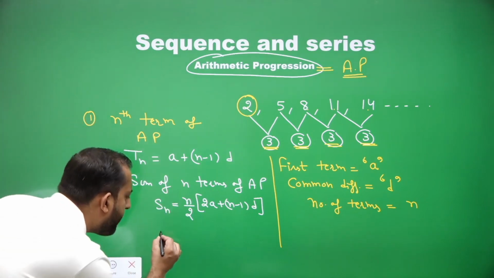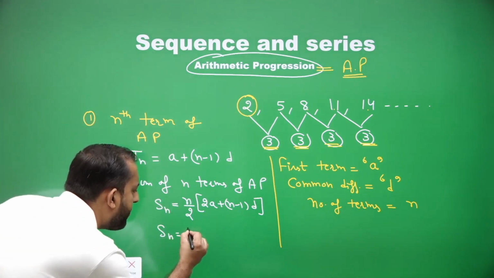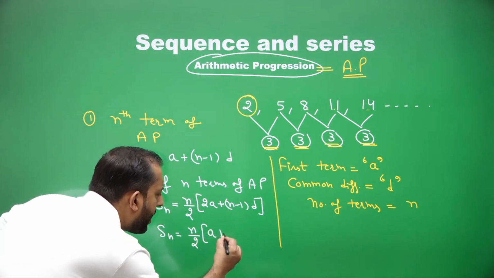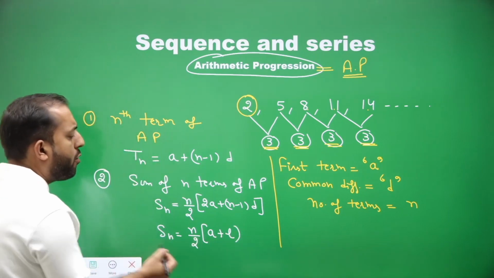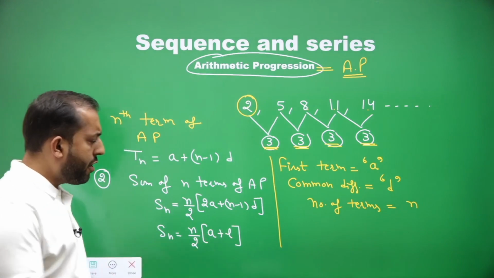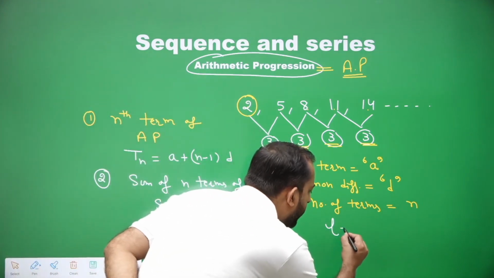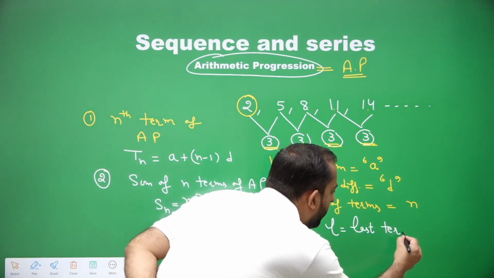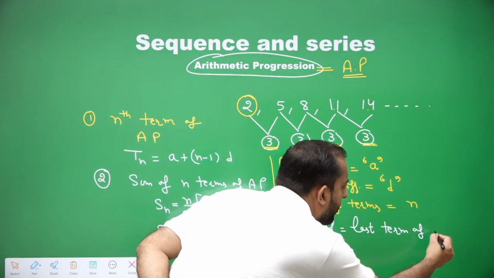It is also given by n upon 2 into (A plus L), where L is the last term of the given AP.